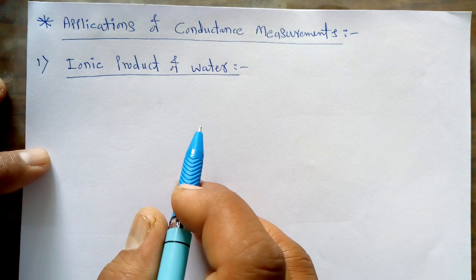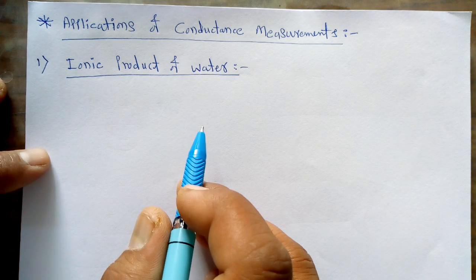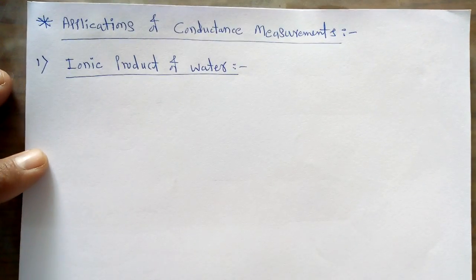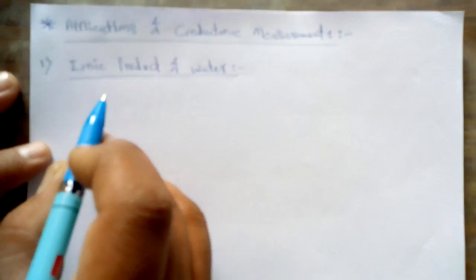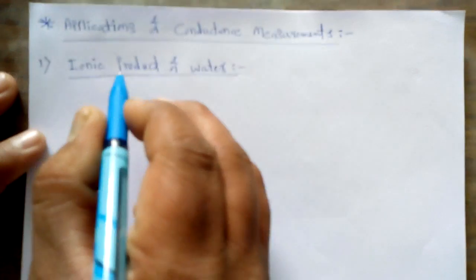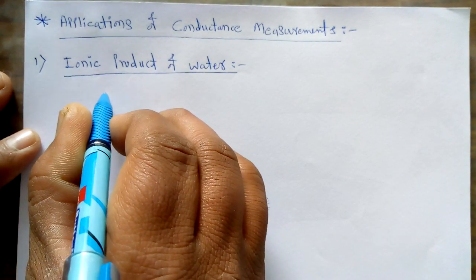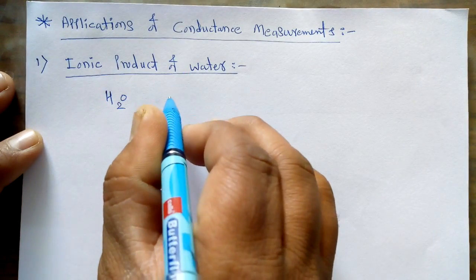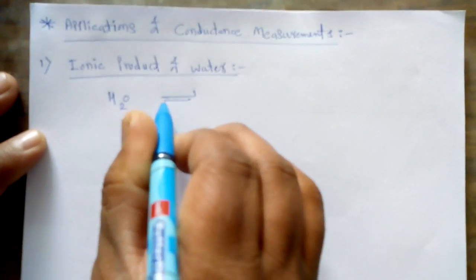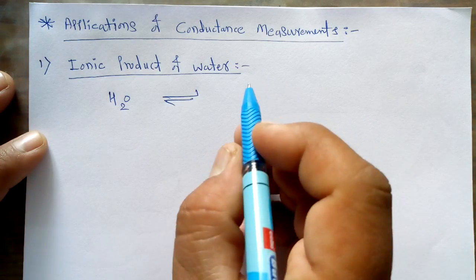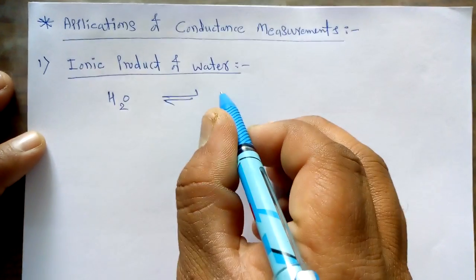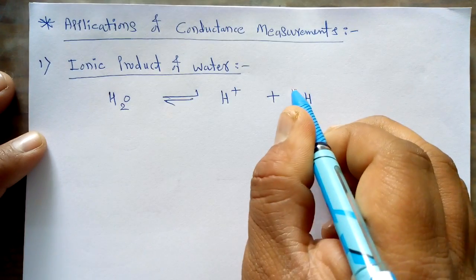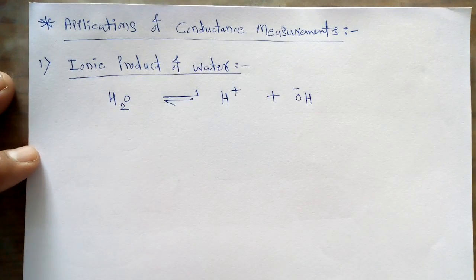Because water is considered a weak electrolyte, and it ionizes into H plus ions and OH minus ions. This is the ionization of water.